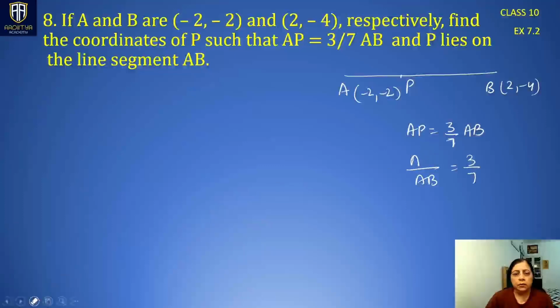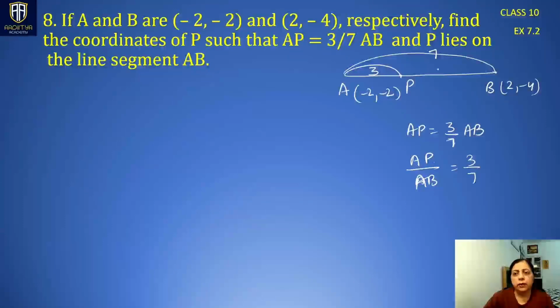Now the ratio is given between AP and the whole AB. That means AP represents 3 parts, while AB represents 7 parts.